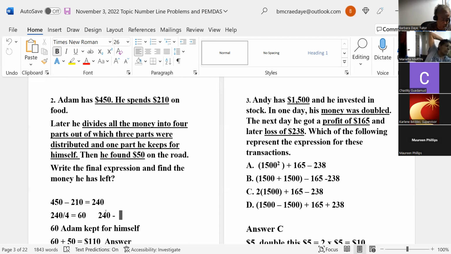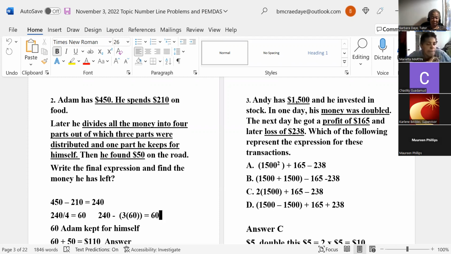This will be 3 times 60, because each part is 60, right? Oh, this should be 180. Yes. And what's 180 from 240? 180 from 240 is 60. So that 1 part, 60, is what he kept for himself.